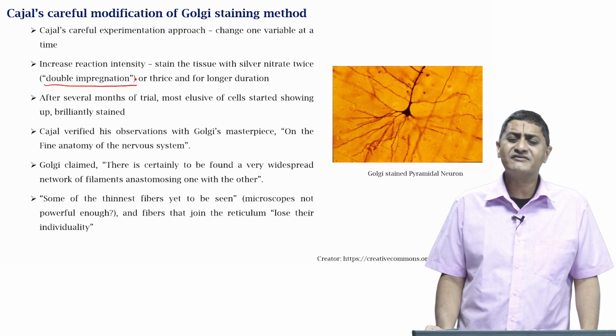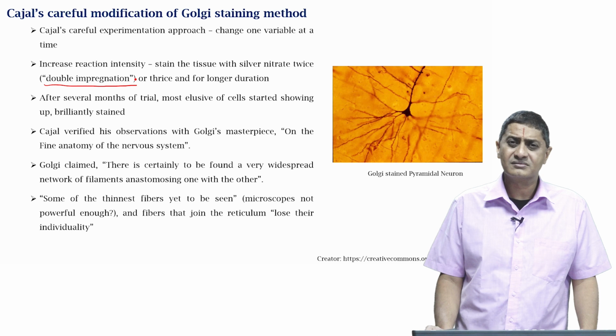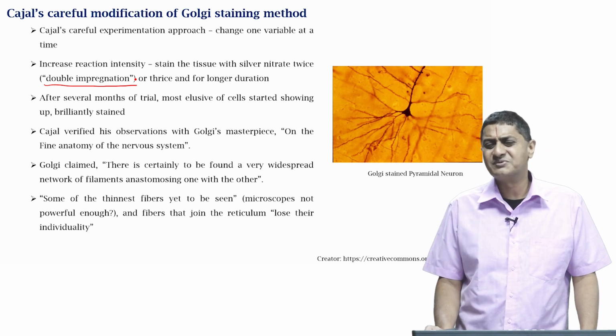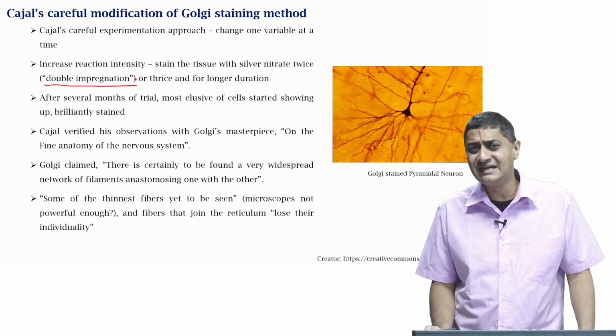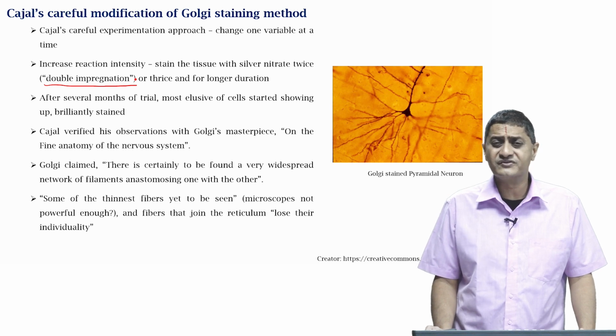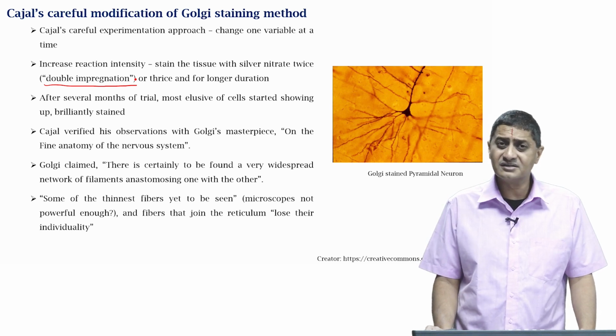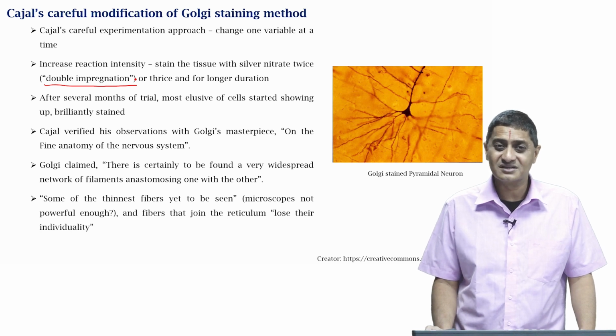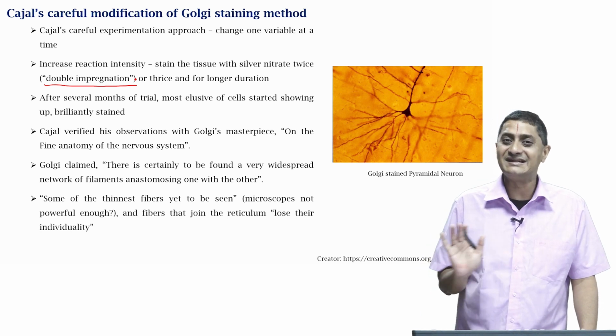After several months of trial and error, my suspicion is that it was about 6 to 8 months of trial and error, the most elusive cells among the nervous cells started showing up, started manifesting, and they were brilliantly stained.